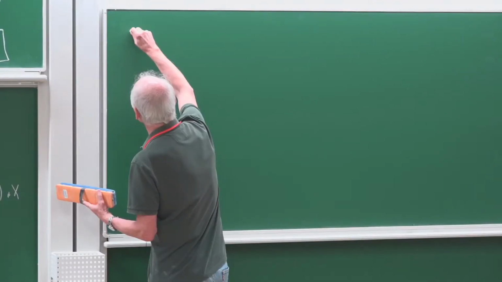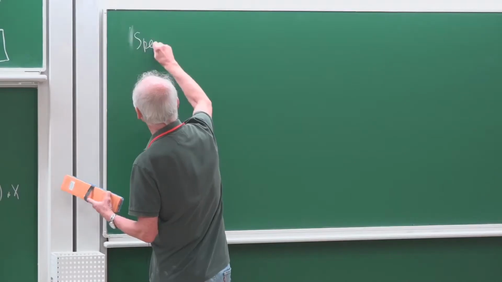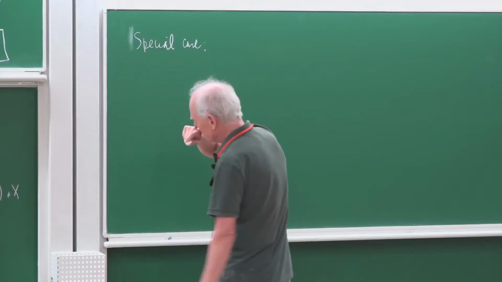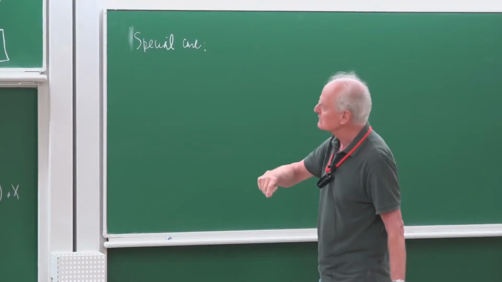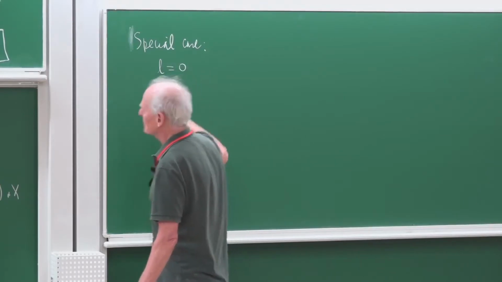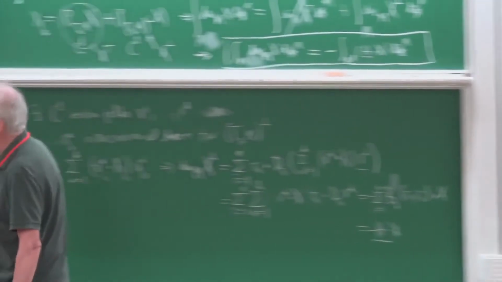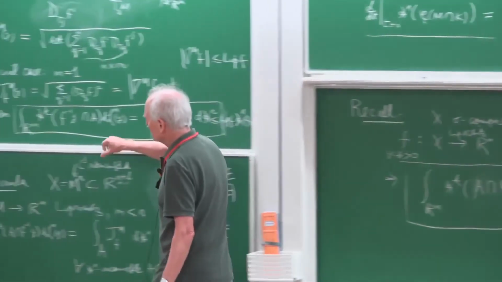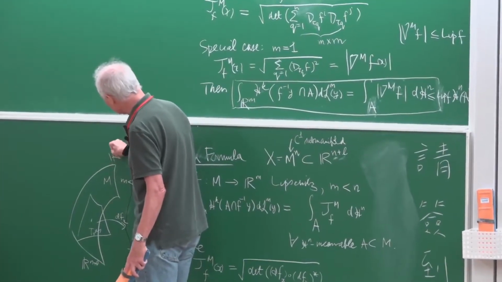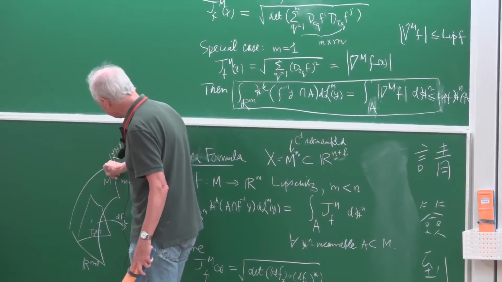Let's take a very special case. One important special case is the case when L equals 0. That means that our submanifold M, remember this is sitting in R^(n+L), and M is n-dimensional.